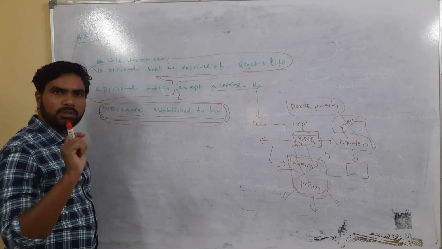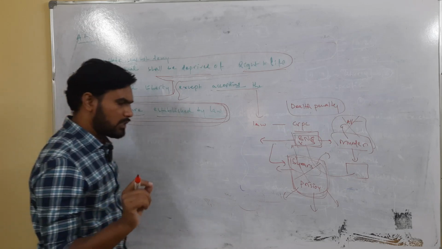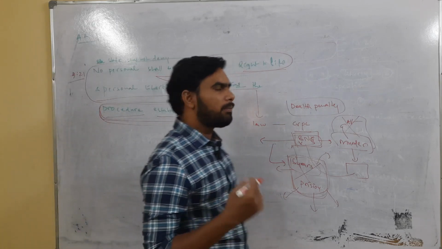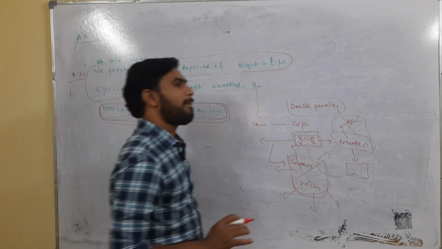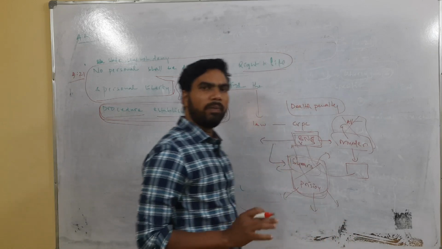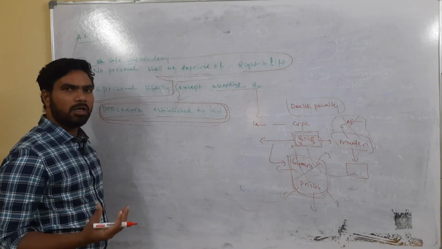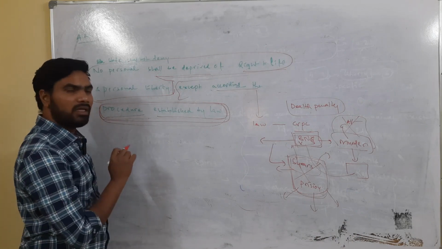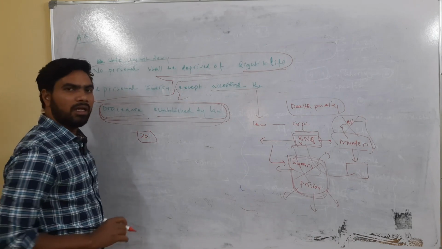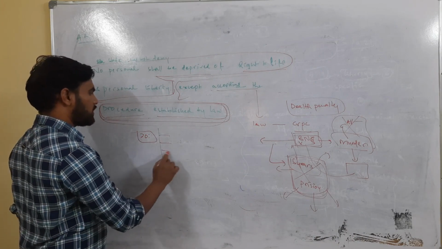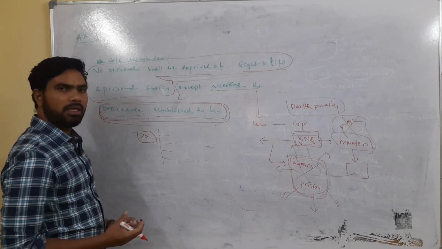Only under that procedure established by law can the right to life and personal liberty be taken away. That is why, to make sure the law itself is not arbitrary, before Article 21 we have Article 20, which is protecting people from arbitrary arrest.